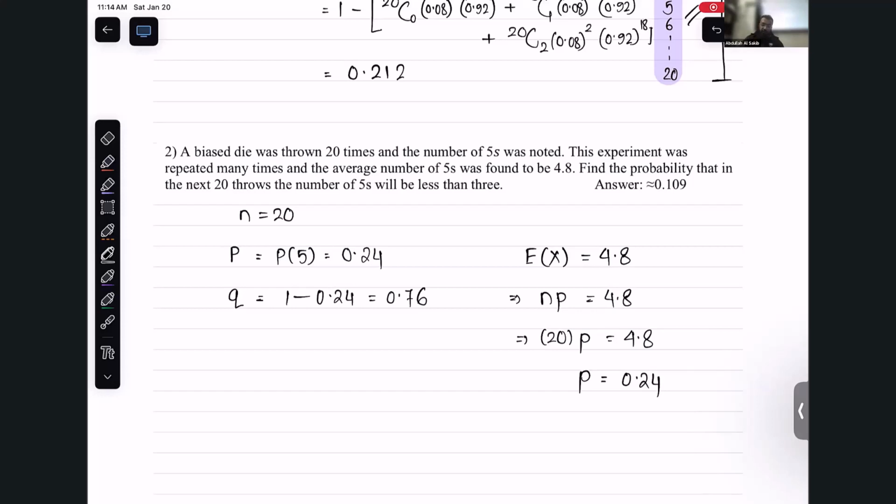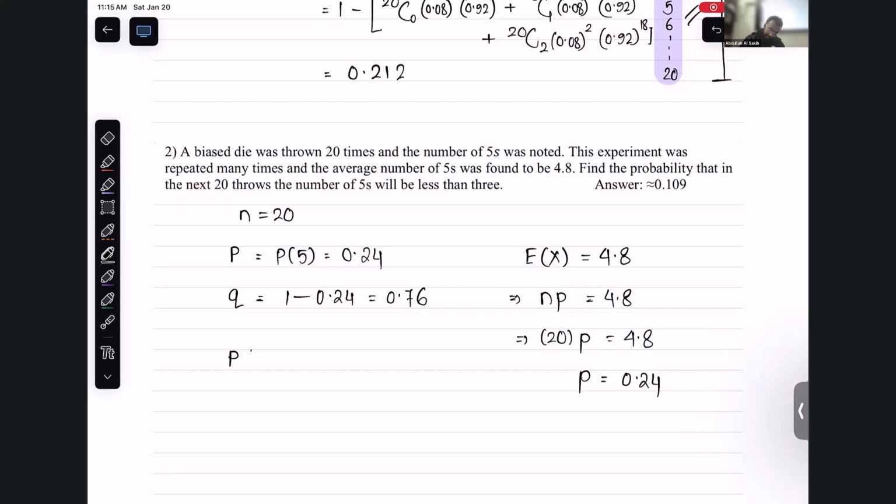Now the question says, find the probability that in the next 20 throws the number of fives, that means X, will be less than 3. Isn't it? Is it clear? So the number of fives will be less than 3.